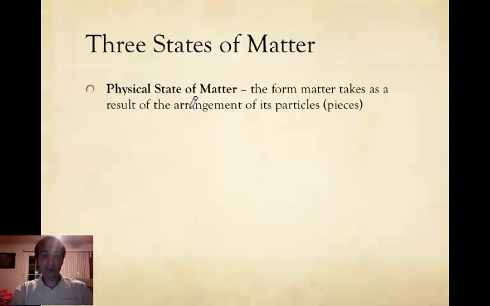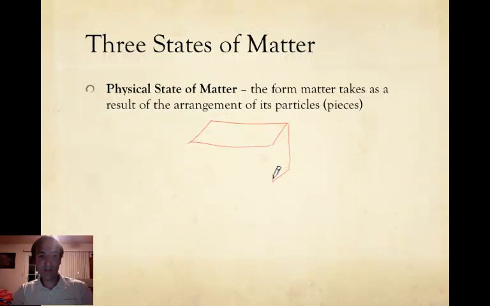So if we go back to that idea that an object, a cube this time, is made up of tiny little particles, atoms or molecules, say this is an ice cube and these are little water molecules, the form that this bit of water takes is based on the arrangement of its particles.